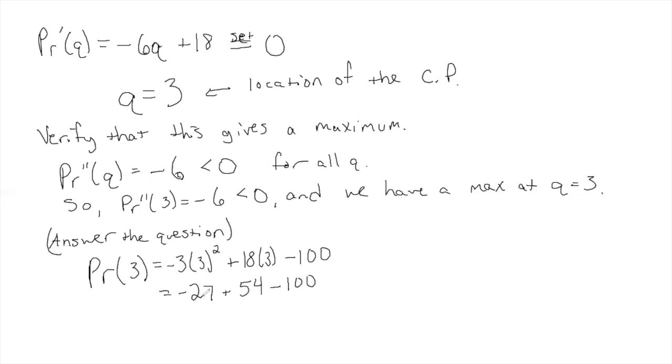Okay, so 54 minus 27 is positive 27. 27 minus 100 is -73, and this is correct, right? So the maximum profit is -73. So this is certainly not a realistic sort of problem, right? If you're selling something and the most profit you're going to make is -$73, you probably should try a different business.